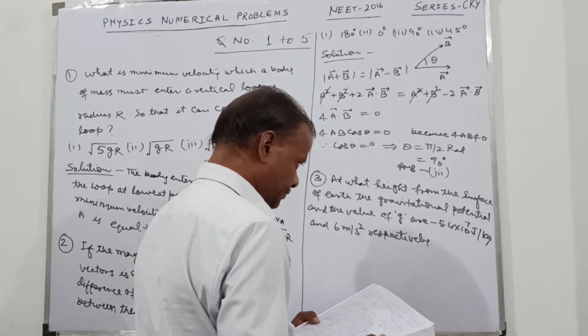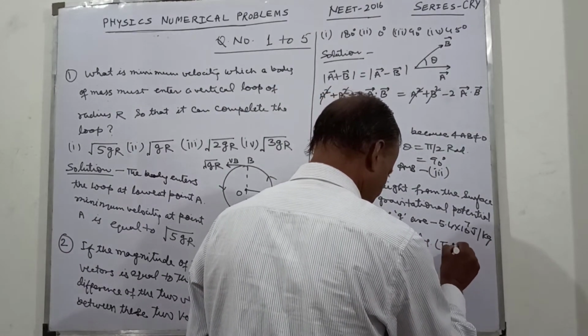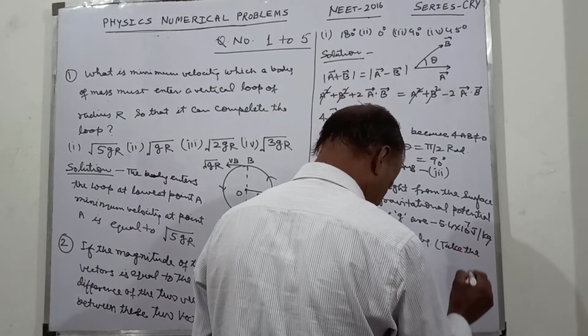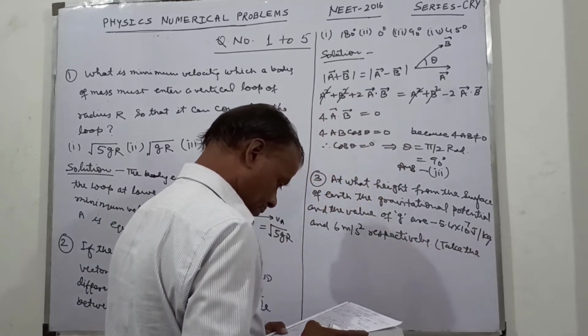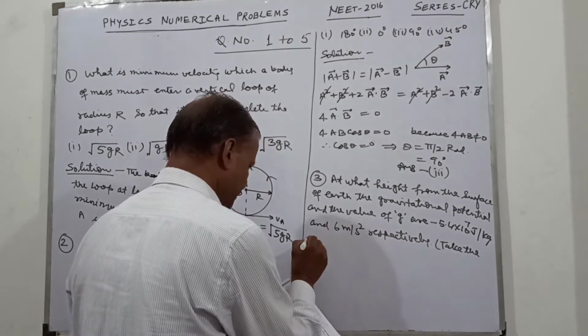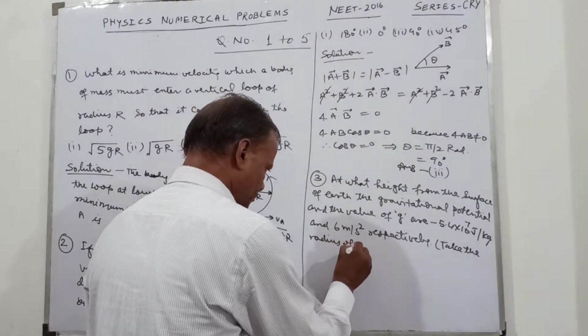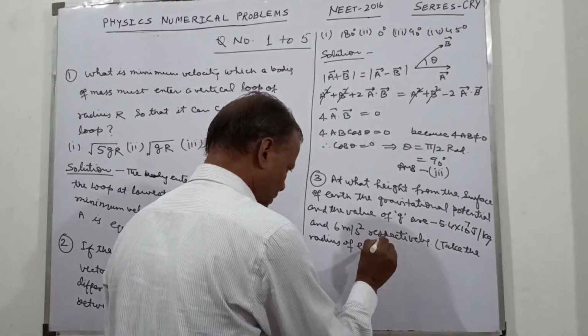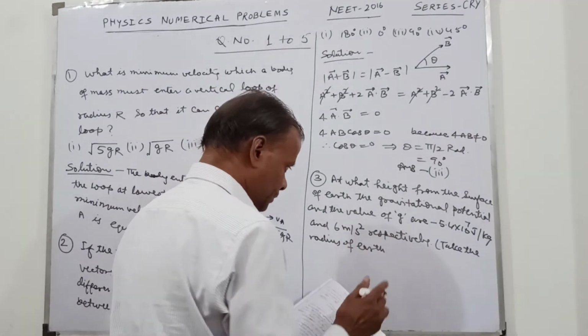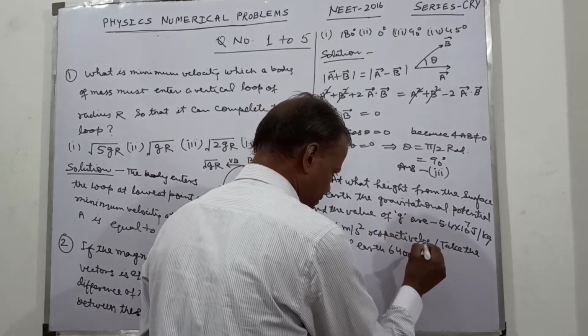Take the radius of Earth as 6400 kilometers.